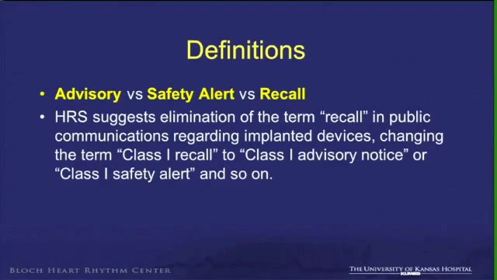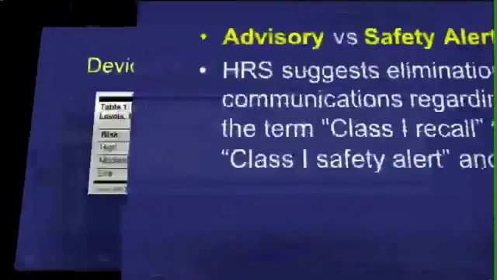But that doesn't hold the same for EP, where a recall is an advisory, and you still have to do a lot of processing on whether the device needs to be exchanged or not. So we keep mixing advisory, safety alert, and recall. HR suggests using the term advisory or safety alert instead of recall, and I think the industry follows the same.